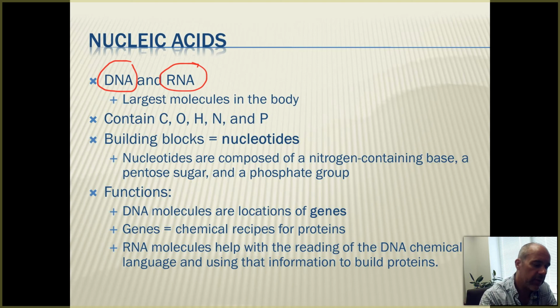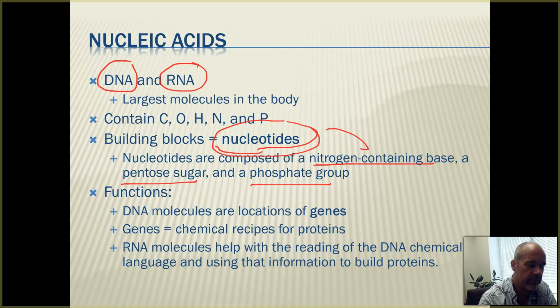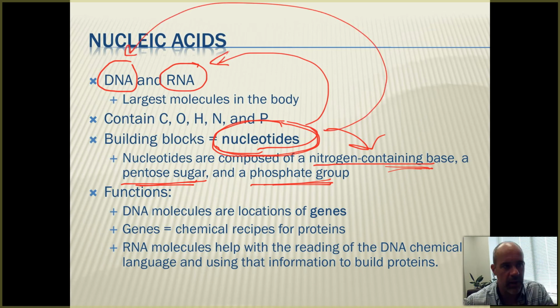In this case, our building blocks are called nucleotides. A nucleotide itself has smaller parts: a nitrogen-containing base, a pentose sugar, and a phosphate group. These three things are the smaller parts of a nucleotide. Nucleotides are then linked together in chains to make RNA or DNA molecules.